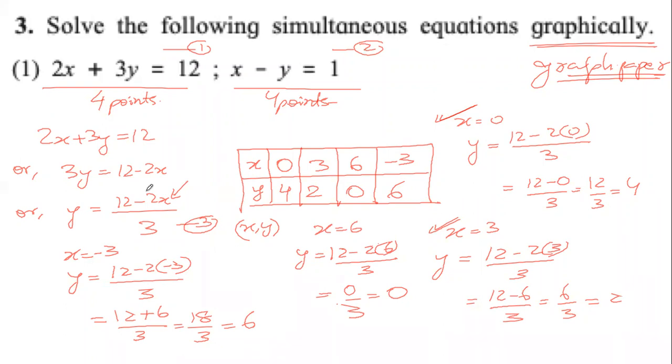Our graph paper is of limited size, so it may be difficult for some of us to show a point like 12, 0 or 12, 4. So let us try to keep the coordinates as near to 0 as possible, and try to keep the coordinates integers.